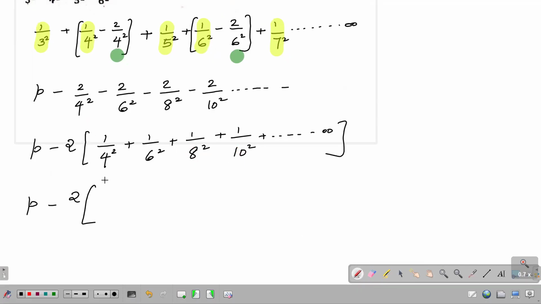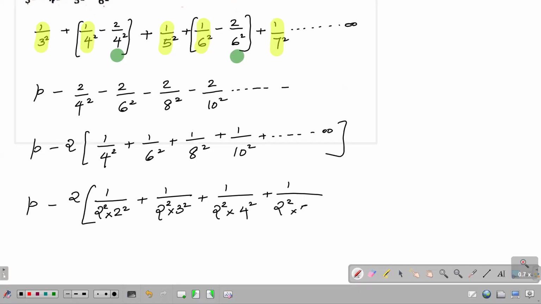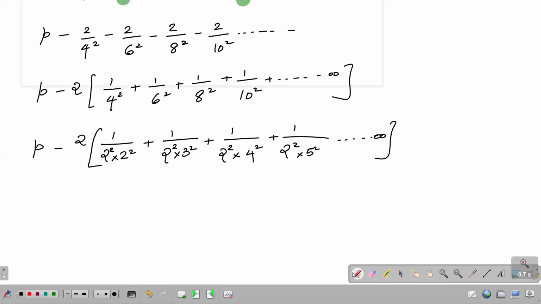So using the laws of indices, I can rewrite it as 1 by 2 square into 2 square plus 1 by 2 square into 3 square plus 1 by 2 square into 4 square plus 1 by 2 square into 5 square, etc. It goes up to infinity. Don't you agree with me? The same thing, I am writing it in another format. That's all. Now see how I am going to change it.